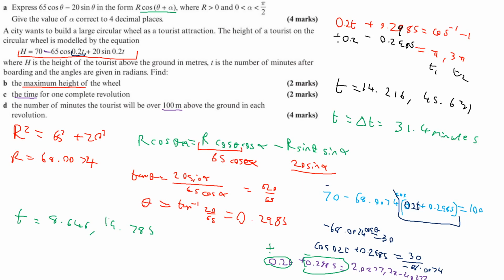Between those, this is the point at which we start going above 100 meters, and this is the point where it ends, okay? So therefore, the time at over 100 meters is just going to be the difference, which is 11.1 minutes.